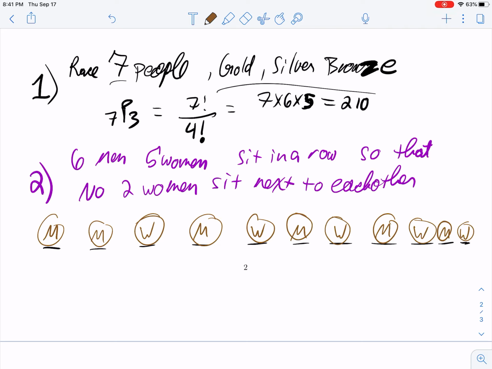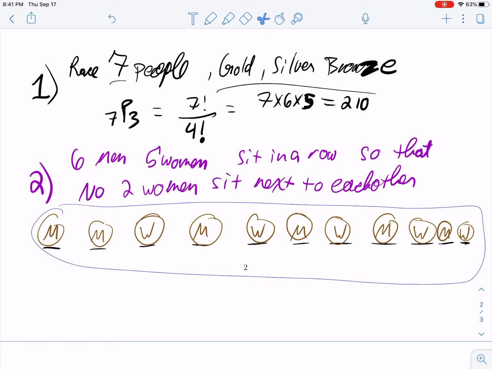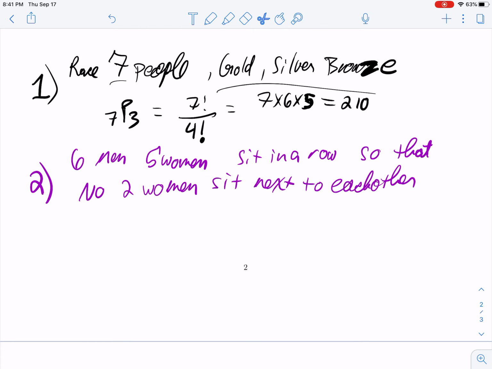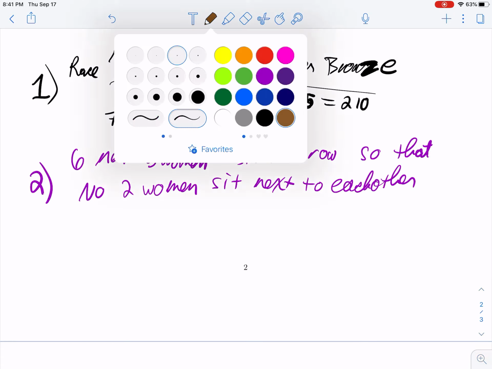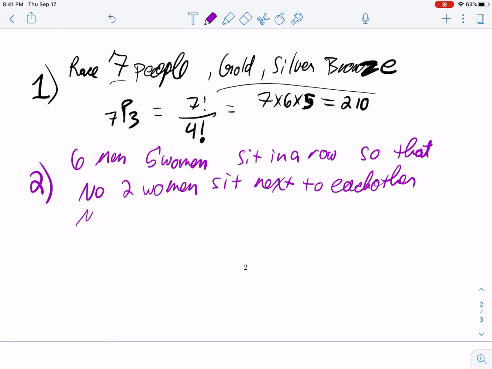Well, perhaps this question is a little off. Let me rephrase this question, because this doesn't really match the one in the notes. So I want no women sitting next to each other and no men either.